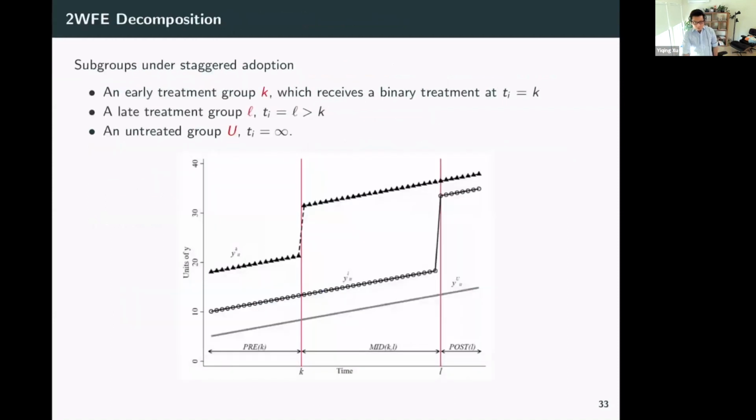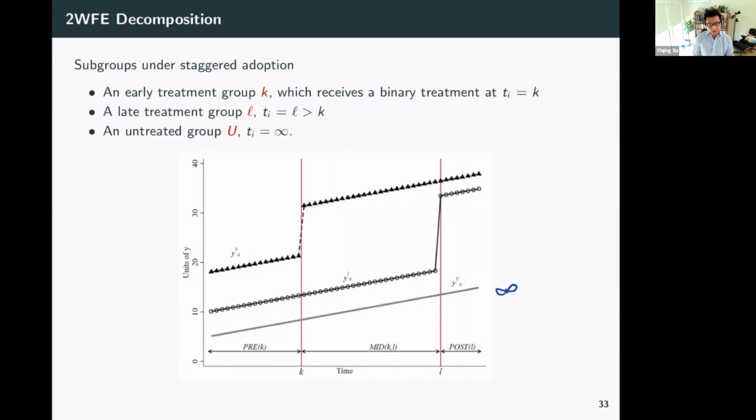All right. So to illustrate this, this paper has a very good graphic representation of the problem. So he introduces three stylized units, or you can think of them as a group of units. Let's just say there are 3 units or groups of units. So one is what we call the never taker.